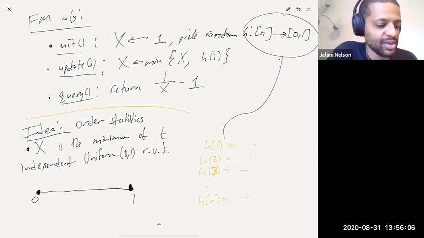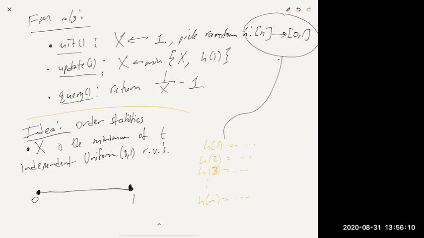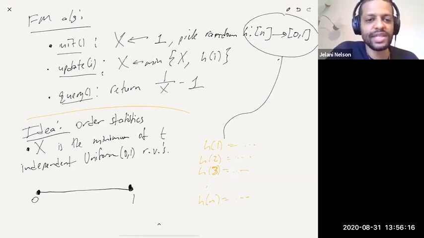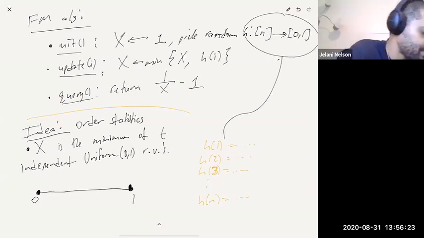Anyone just unmute yourself and say it. Make sure I'm not talking to myself here. 1/2. 1/2, right? So a uniform random variable, we expect it to be a half. Now, we don't have one random variable, but we have t, and we're taking the minimum of these t random variables, and they're independent. What do we expect the picture to look like? We'll prove it, but the truth is that you expect them to be evenly spaced.